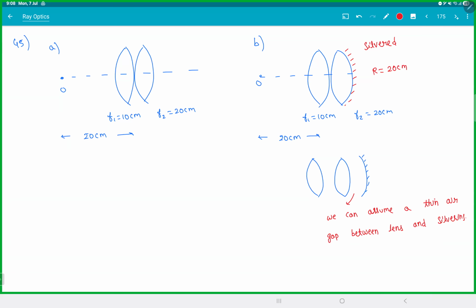Find the position of the images. Easy stuff. Just formula substitution there. Nothing much. Get the equivalent focal length, use the formula and you're done. Right. I'll give 2 minutes for both.